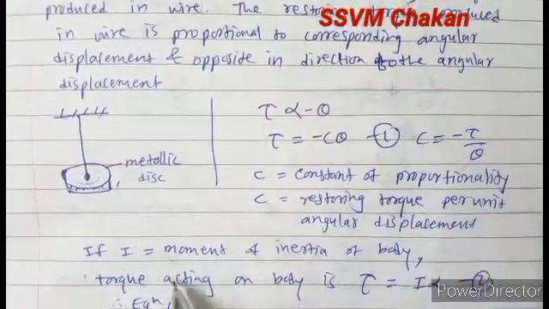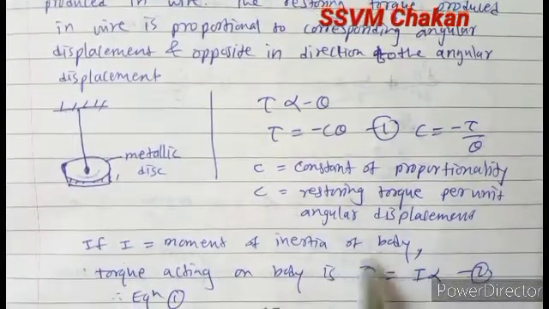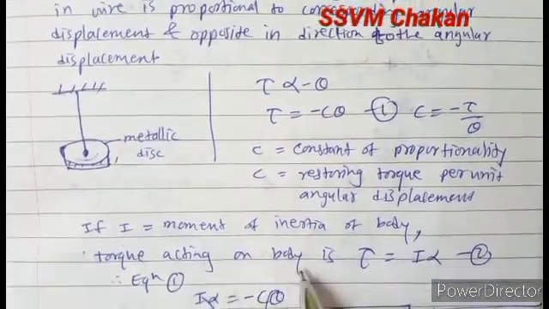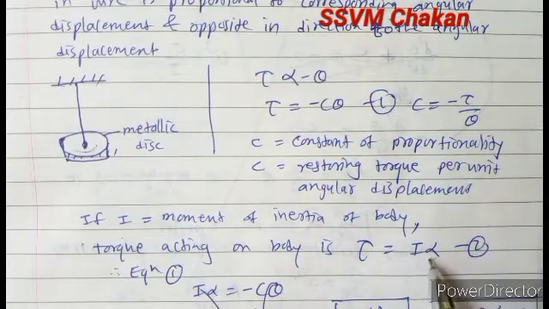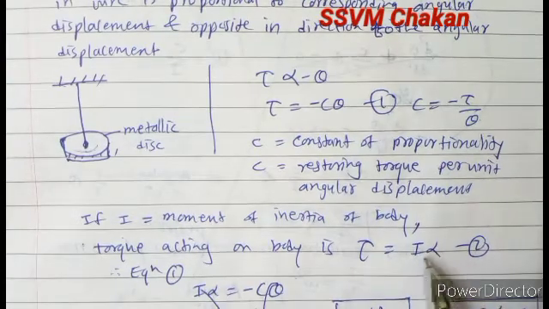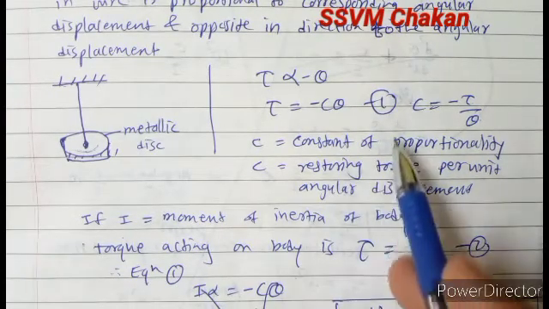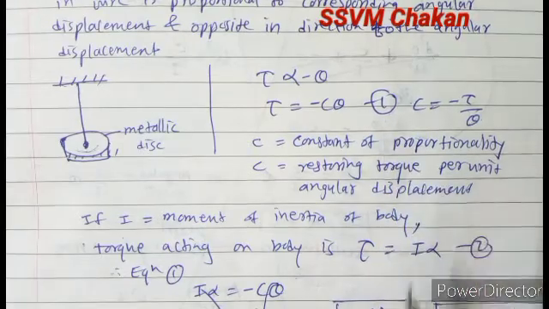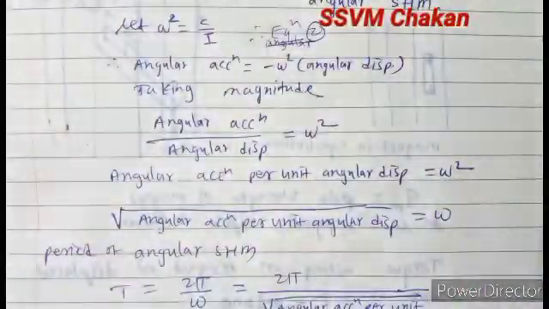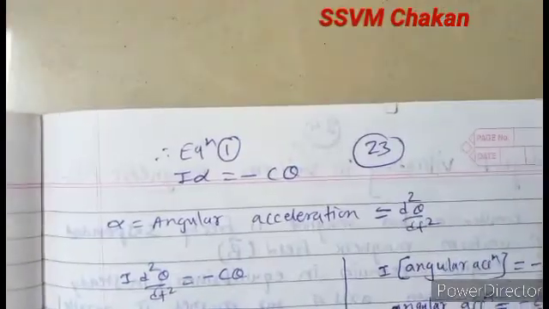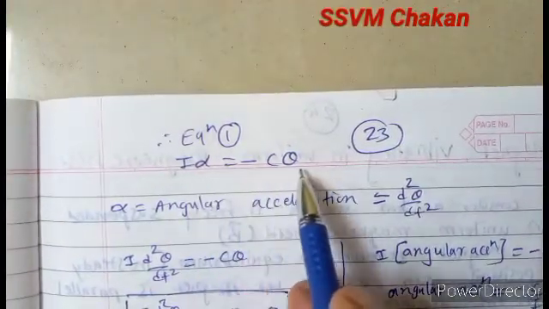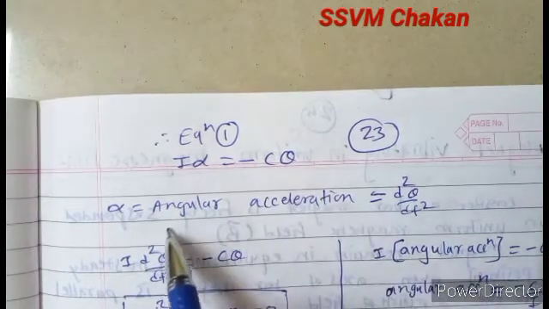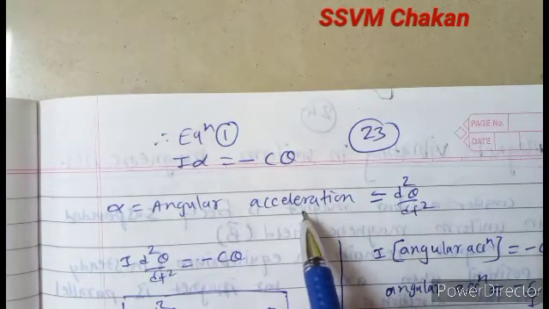If I is the moment of inertia of a body, then the torque acting on the body is tau is equal to I alpha. That formula we have derived in rotational motion. We compare this second torque and this first torque, and after comparing both we get the equation I alpha is equal to minus c into theta, where alpha is nothing but angular acceleration.